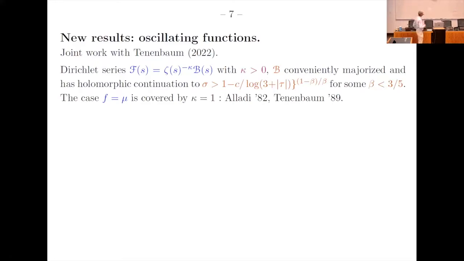That's why I write oscillating function, because you don't have a positive function, and then you want to estimate the oscillation, and also by getting an asymptotic of the sum psi of x, y, f.